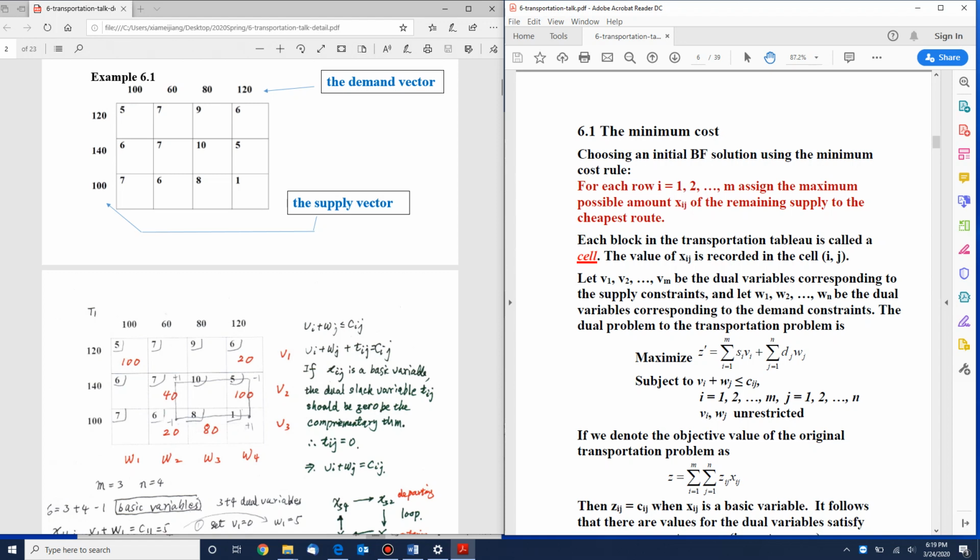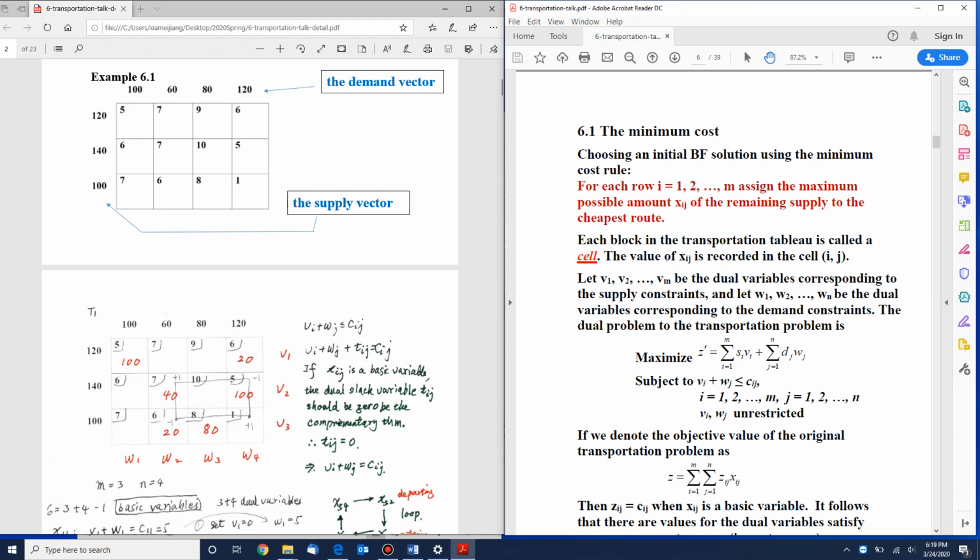So we put the remaining 40 from source 2 to the second row, second column, that 7 in the 7 block. So that is 40 there.